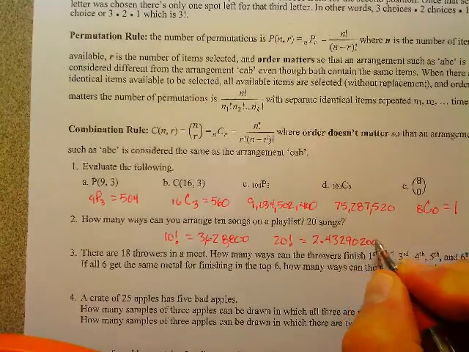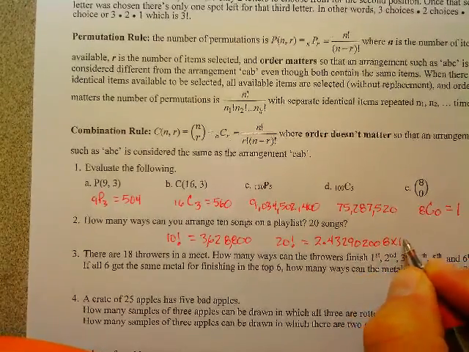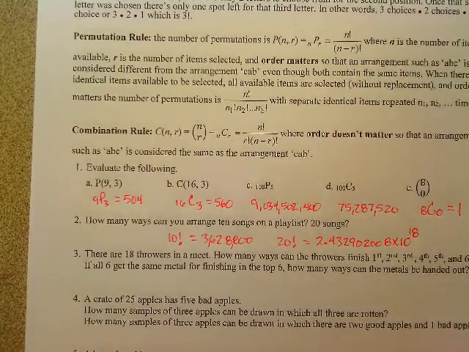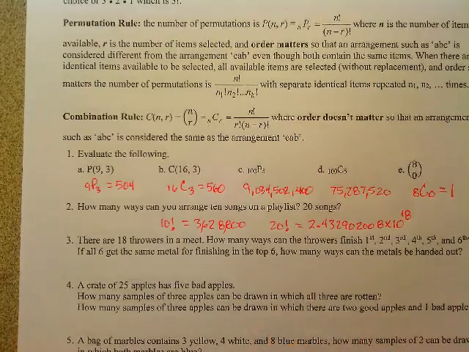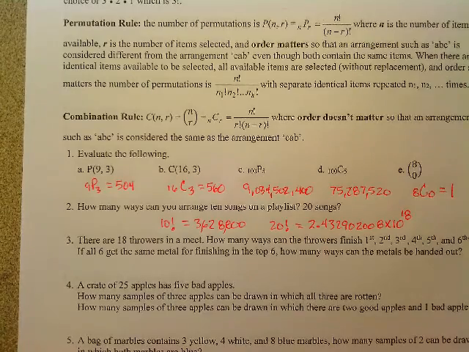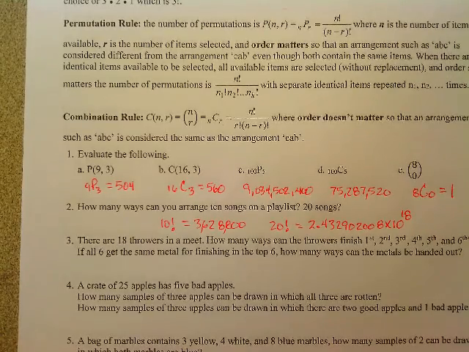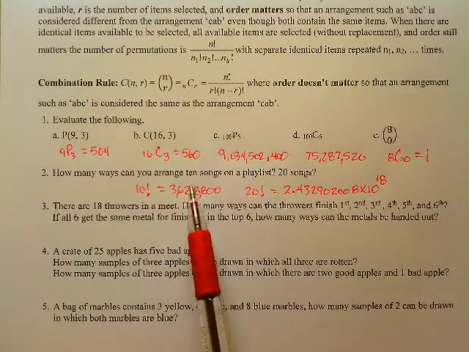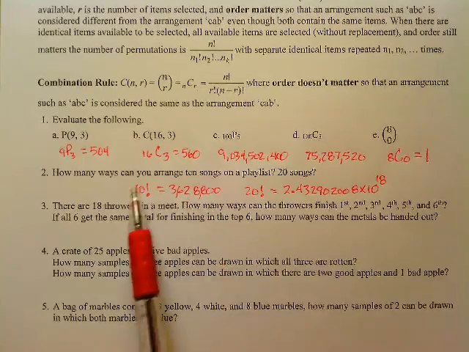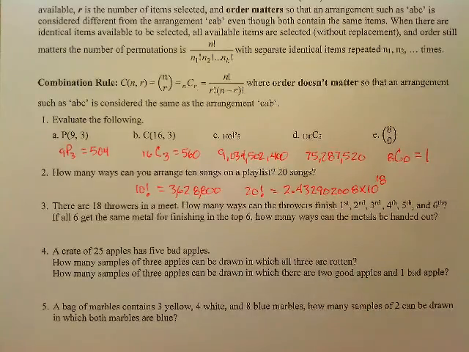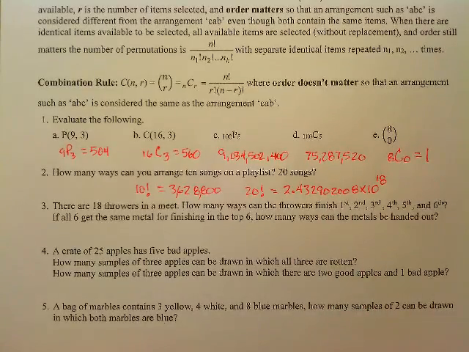It's a very big number, and obviously it doesn't take much to get up to the point in which it will exceed what your calculator can do. And again, for both of these, we had 10 songs to choose from. How many ways can we arrange all 10 songs? And here was how many ways that we can arrange all 20 songs. So these would have been using basically the fundamental counting rule.